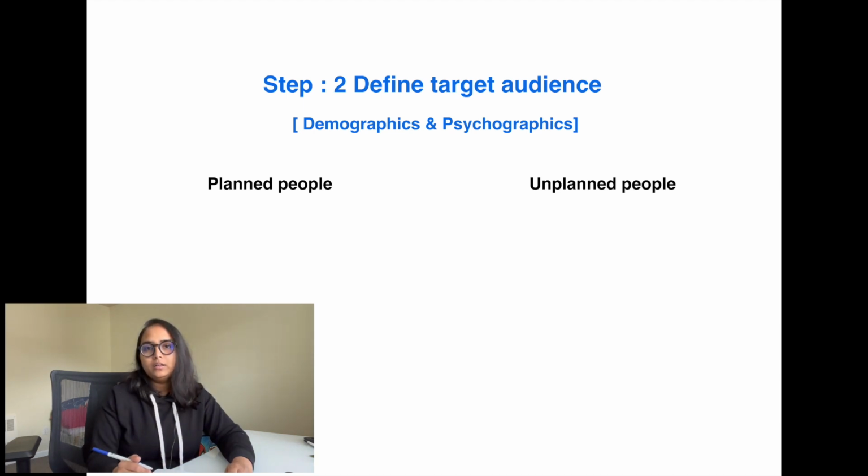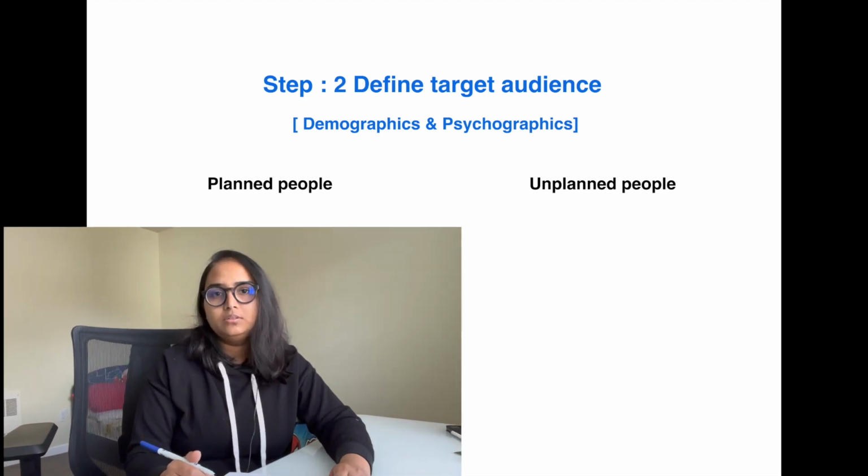Unplanned target users mostly don't have any pre-plan to go to the restaurant and have lunch or dinner in busy hours.